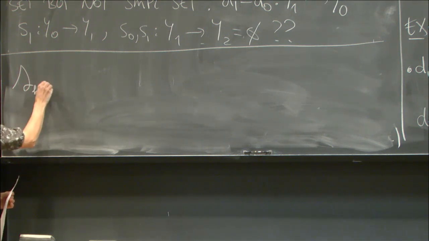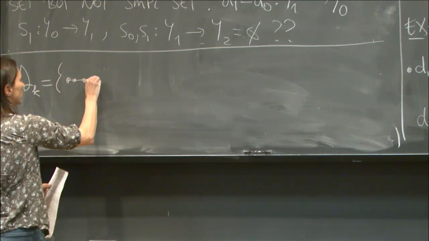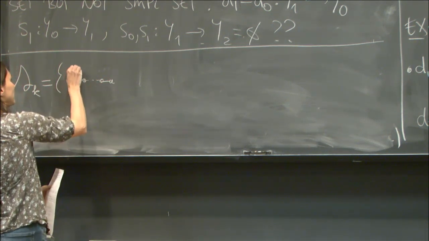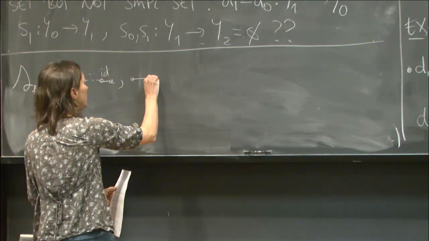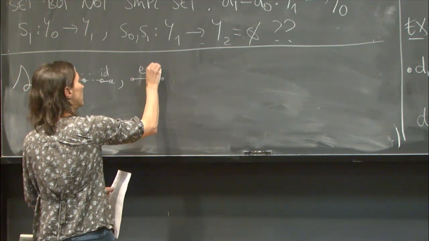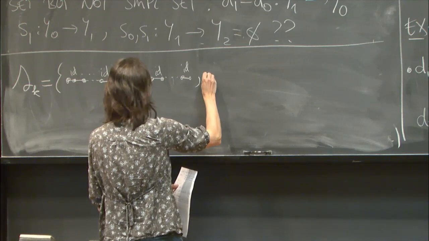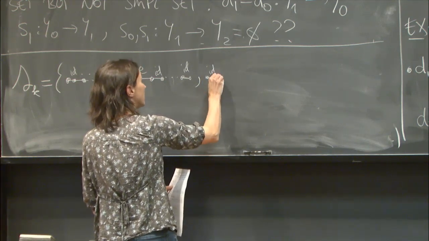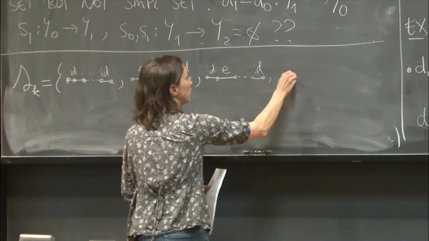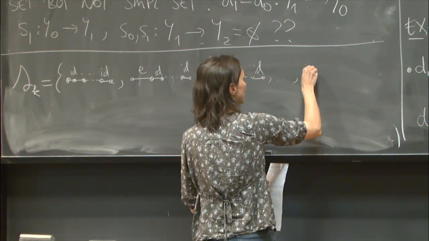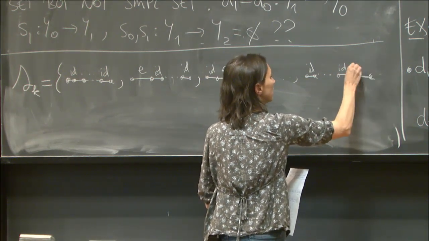So let me just write the general guy. SK is, well, we have the trivial one, I write them small, identity. And then we can do E, identity. This is the general guy, right? And then I can do identity, and then I do E, identity. And I go up to, I do identity, and I put E at the last position.